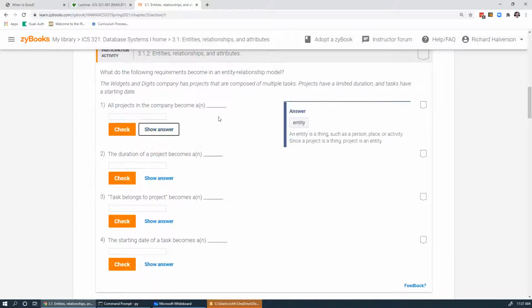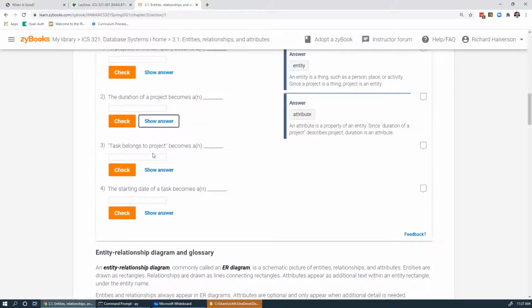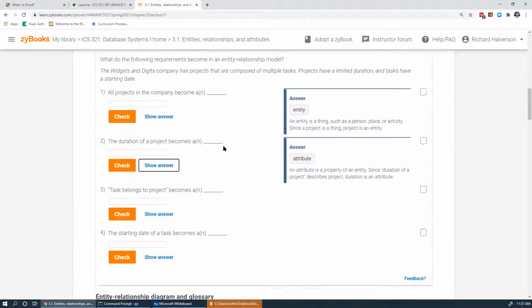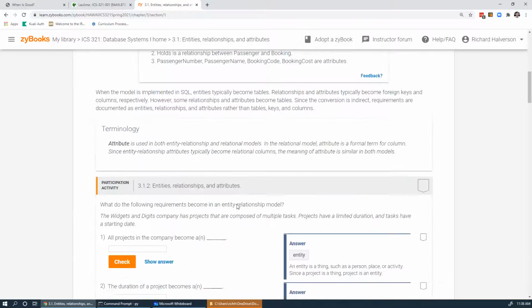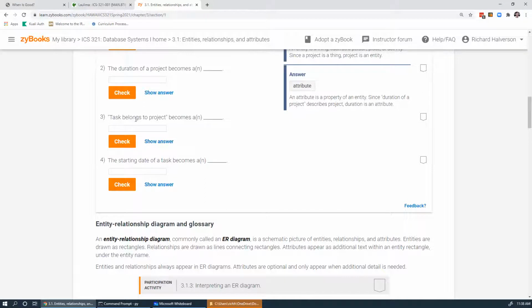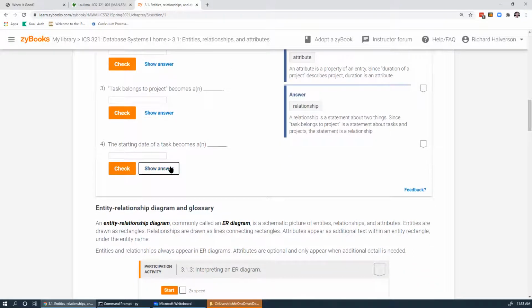I'm just going to click this. Yes, entity. Duration of a project is an attribute. Yes, attribute. What is the first one called? It's a relationship. The task belongs to project becomes a relationship. Yes, relationship. Starting date of a task is an attribute.